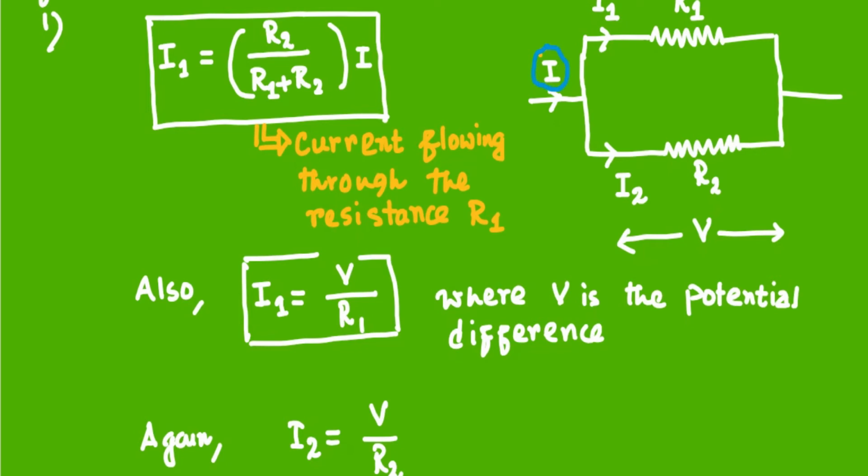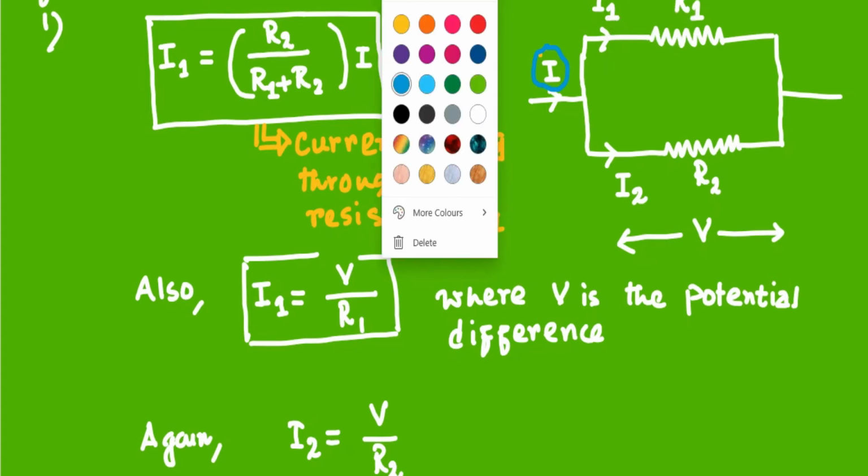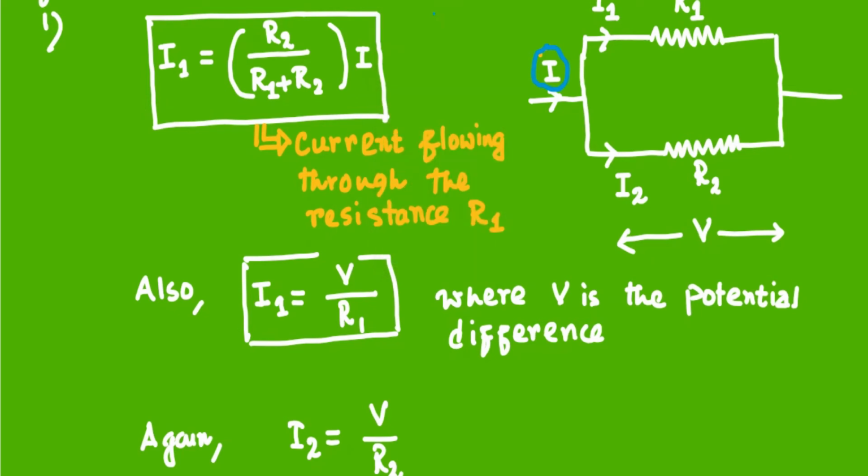Now, total current I is split into two currents, I1 and I2. I1 is flowing through the resistance R1 and I2 is flowing through the resistance R2.